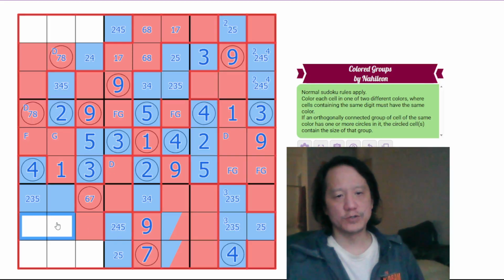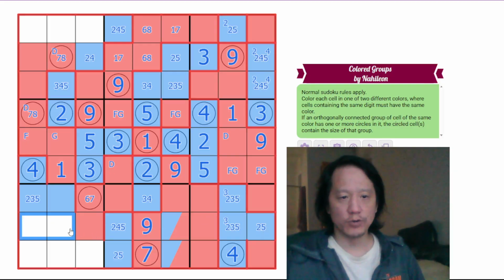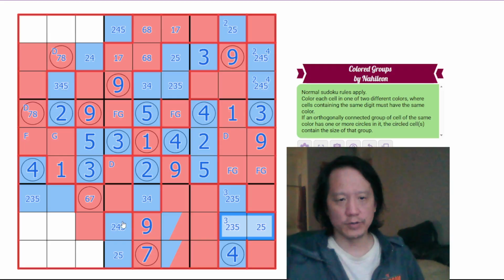So one of these two is blue. One of these two has to be blue to form a region. That means we have 2 blue here, 1 blue here, and 1 blue here. That eliminates blue in the rest of the row, so this cannot be blue. This is red, which forces this not to be red, so that's blue. So one of these is blue. We have 3 blues here, and 1 more blue here.